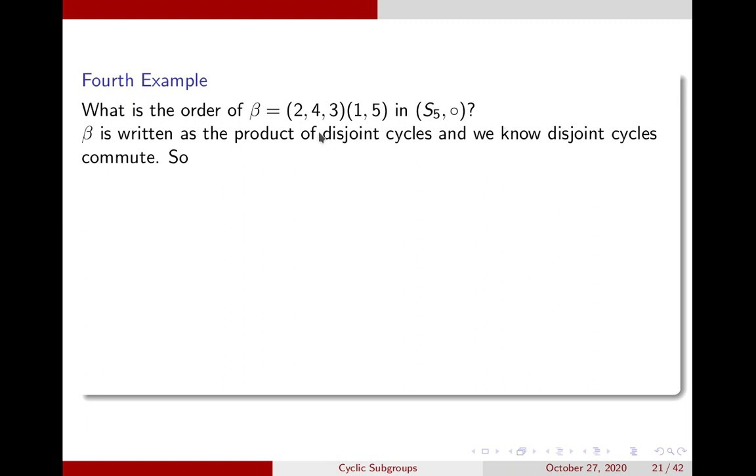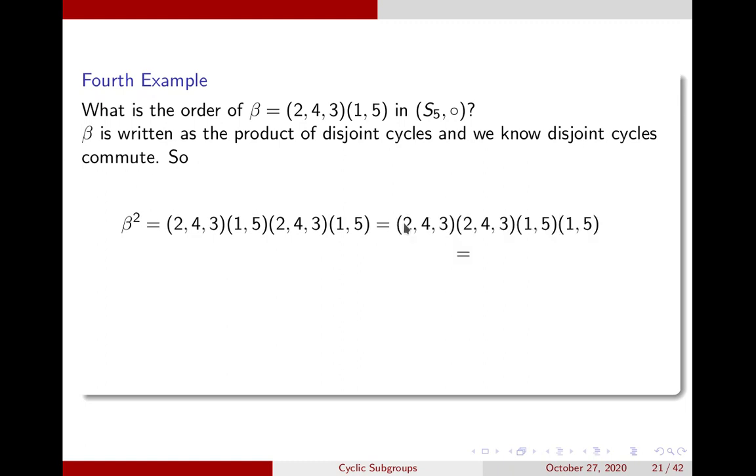Well, beta is a product of disjoint cycles, as I said, and we know that disjoint cycles commute. So if you calculate beta squared, for example, it would be beta times beta, which I've written here, 2 copies of beta. The cycles commute.